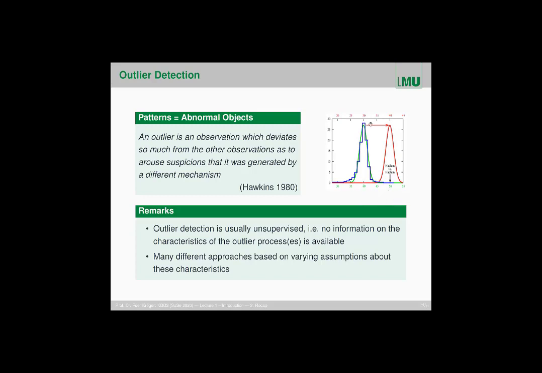So the statistical point of view was that this is the normal mechanism, and the observation of Mrs. Hallam deviates so strongly from the normal observations, those here in blue, that it arouses suspicion of being generated by some different mechanism, which is a very technical term for betrayal.